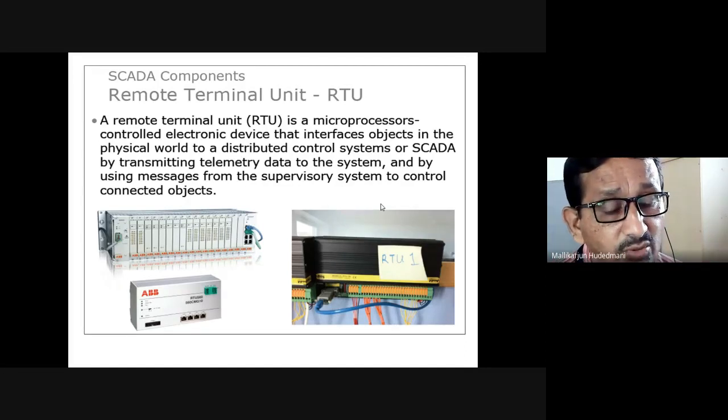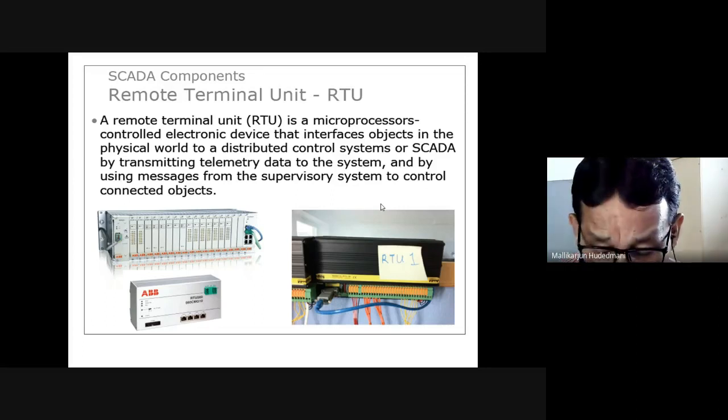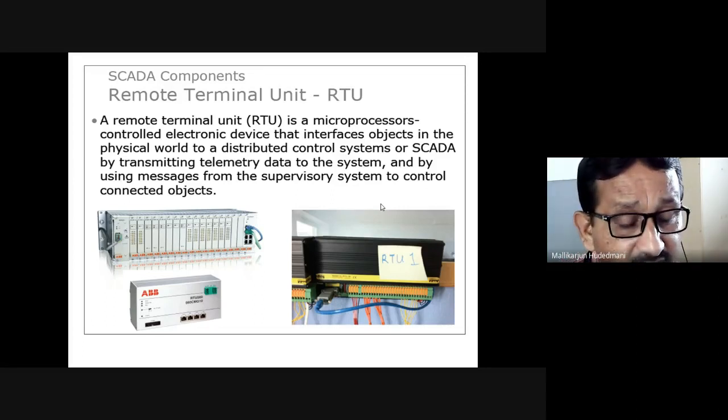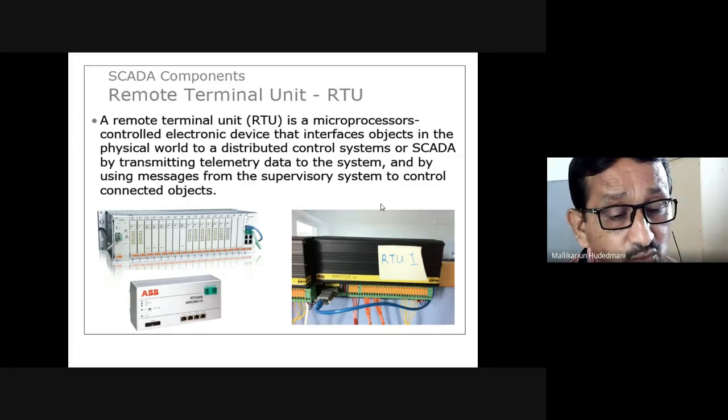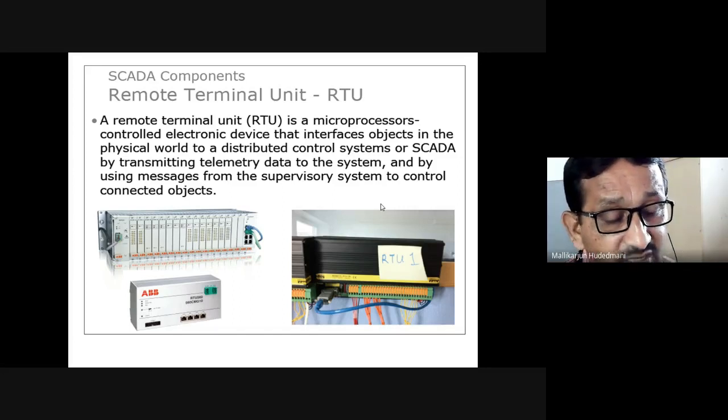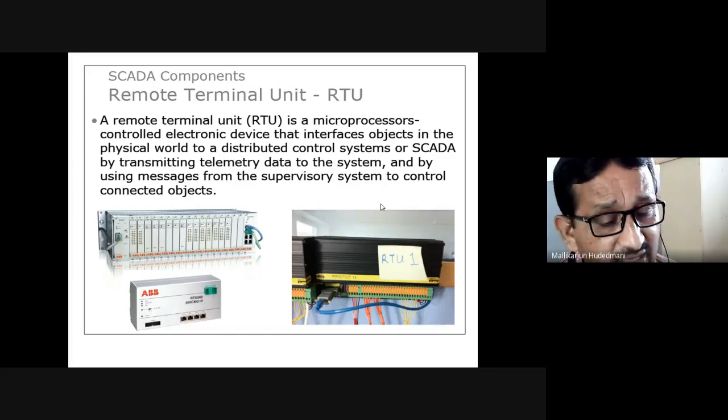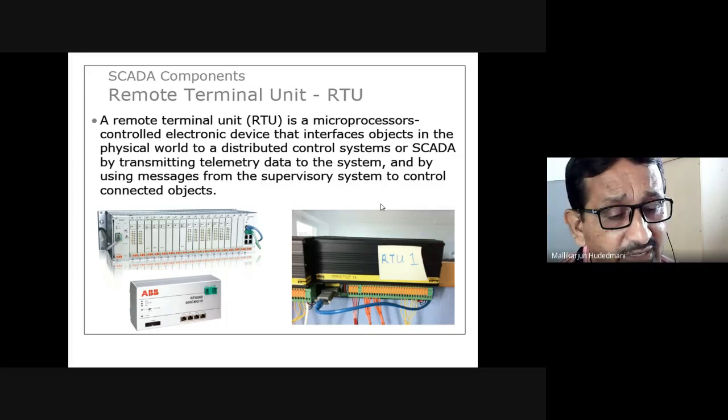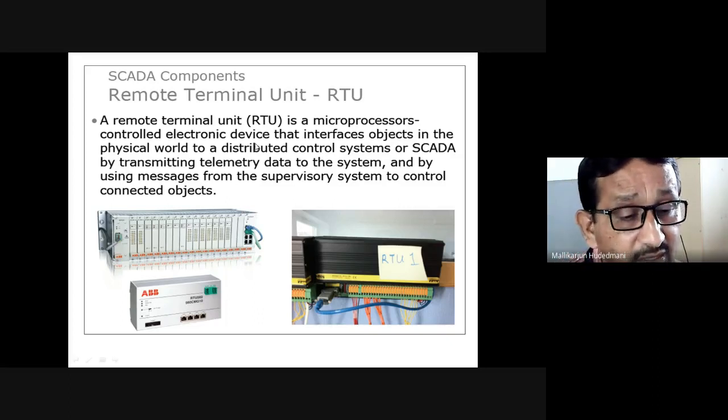I was speaking about every end device: a master terminal unit, which is at the energy control center, gets interfaced to a remote terminal unit, which is a field device, which may be a PLC, an electronic stack, which the image shows you, an electronic, programmable component installed in the remote.